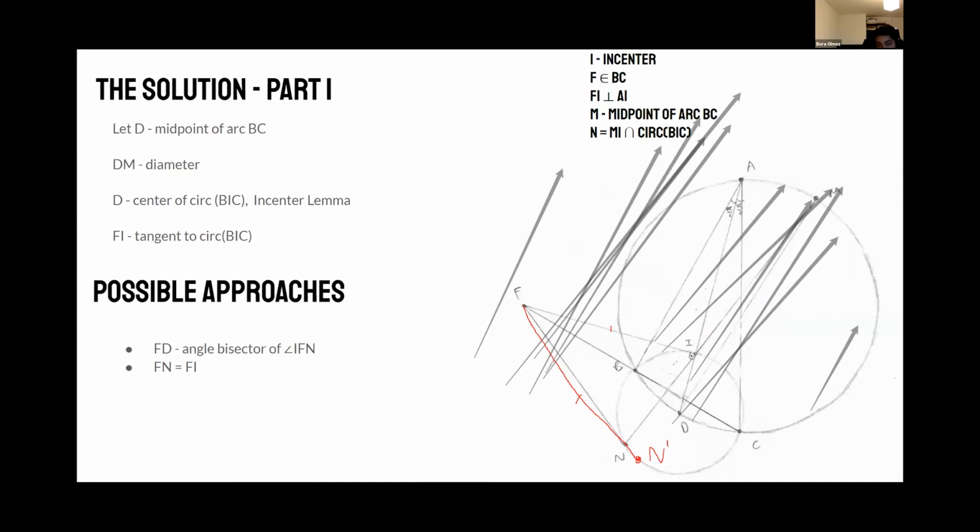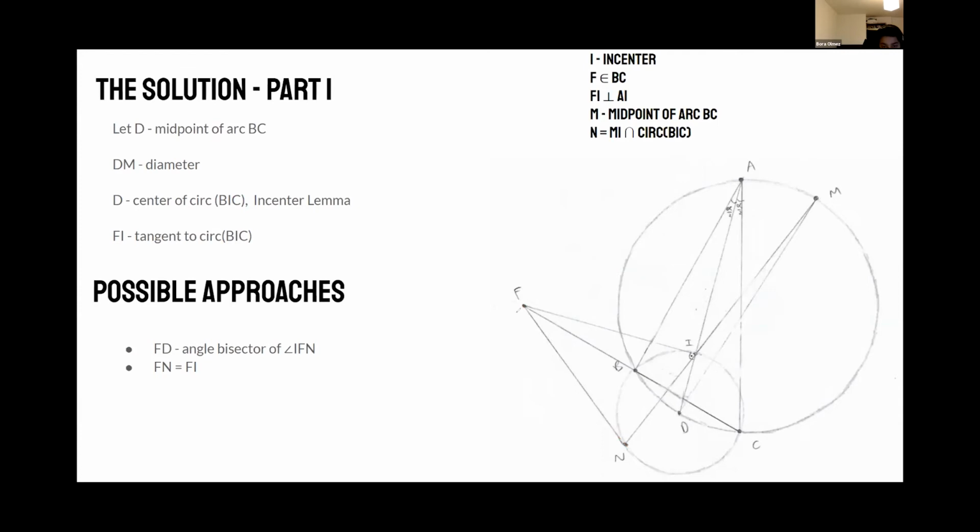There are many ways to show this, but just the power of a point will suffice, as the power of F with respect to this circle will be FI squared and FN prime squared, and therefore FI will equal FN prime, but FI also equals FN. So now F is equidistant from N prime, N, and I, and therefore F is the center of the circle.